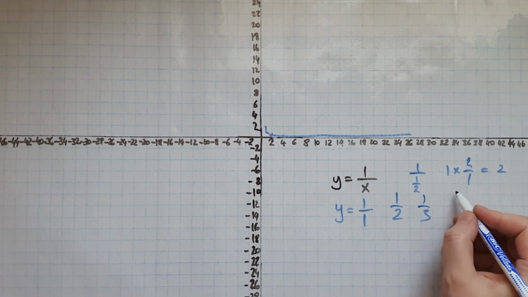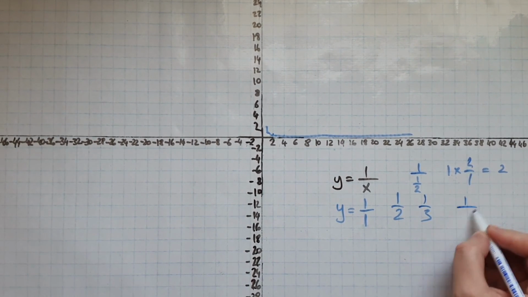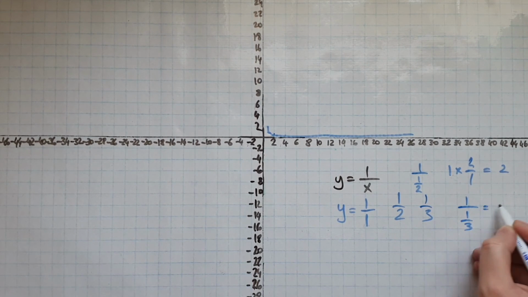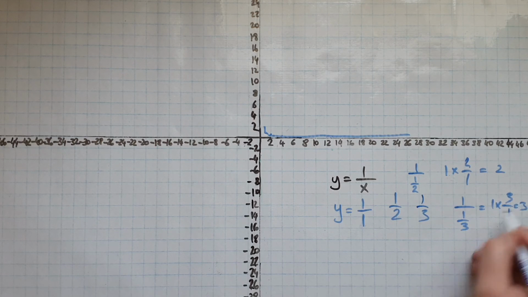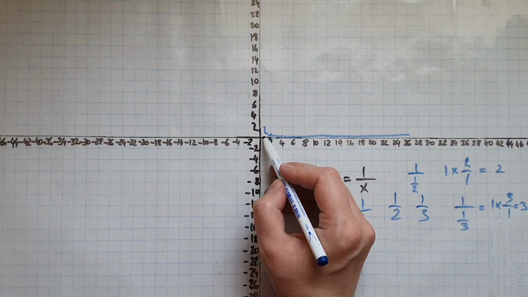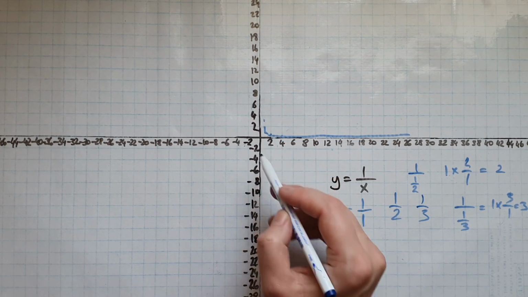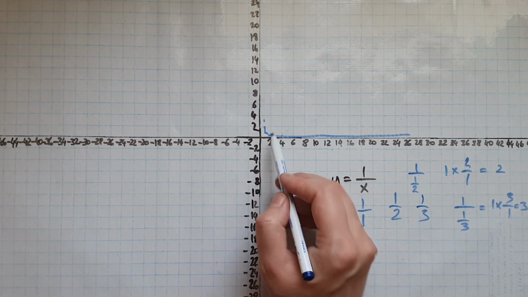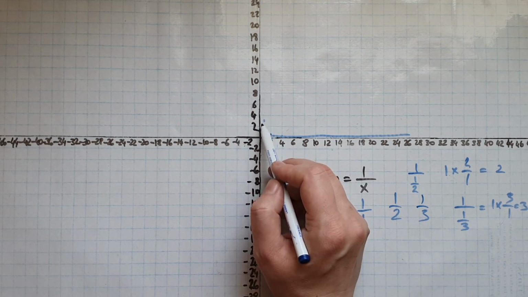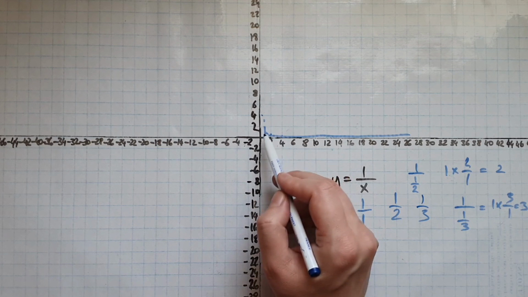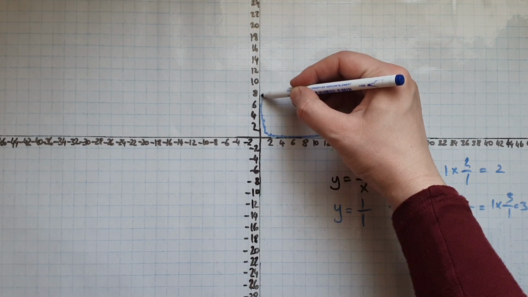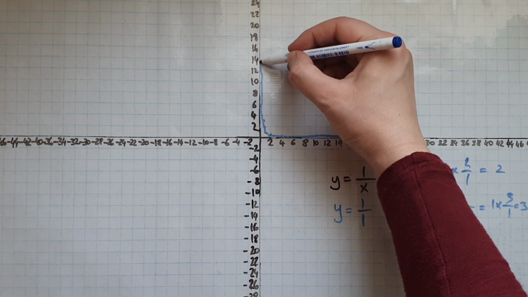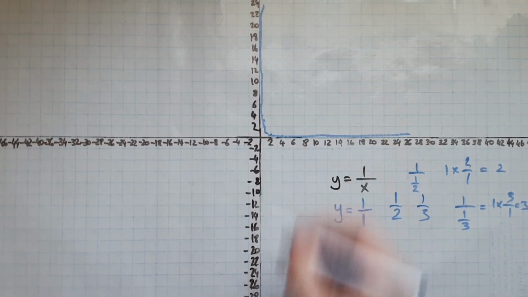When x is equal to a third, then we have 1 over a third, which is 1 times 3 over 1, and that gives us 3. So that goes up to 3 there. When x is a quarter, then it goes up to 4, and so on. So it goes up like this as well, so close to the y-axis, but it never touches it.